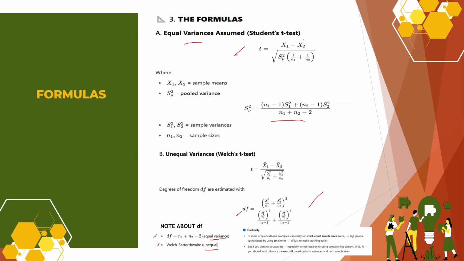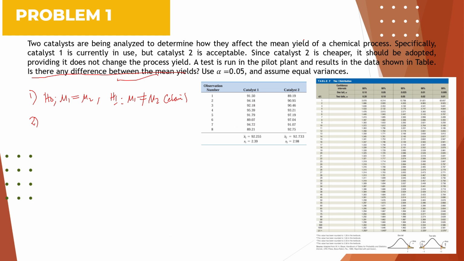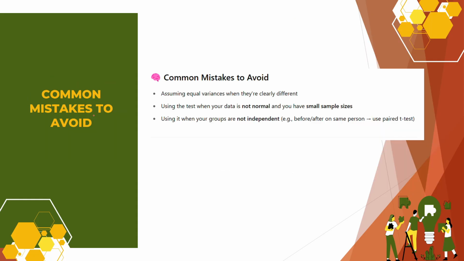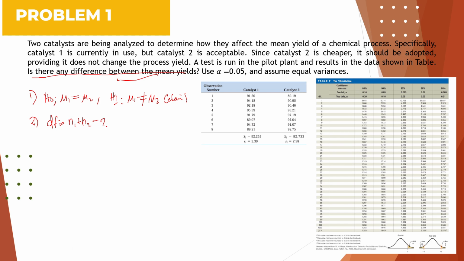Equal variances. We have to check whether it's equal variances. Our df here is n1 plus n2 minus 2, which is 8 plus 8 minus 2, that is 14.